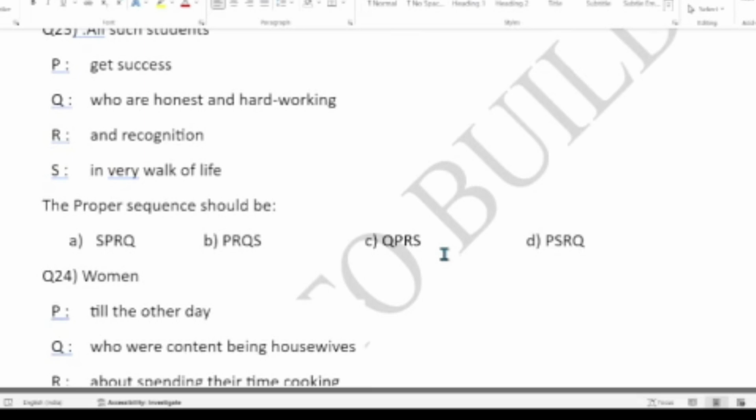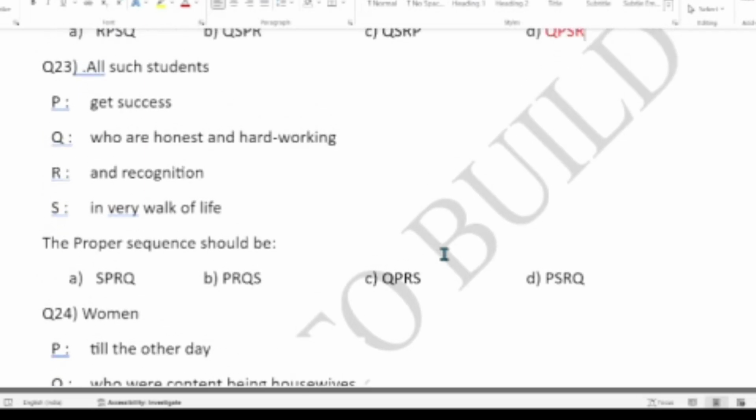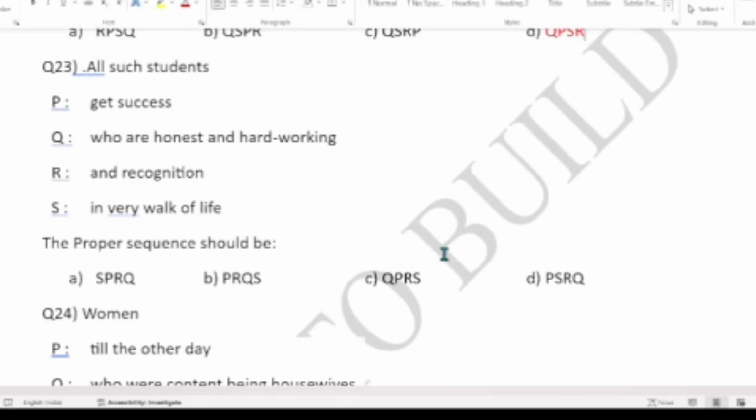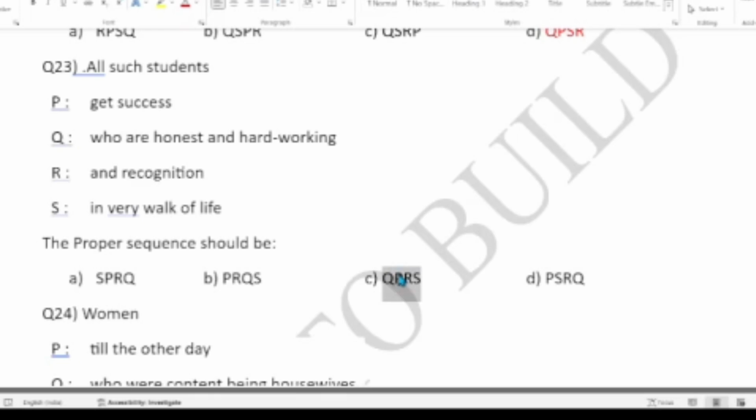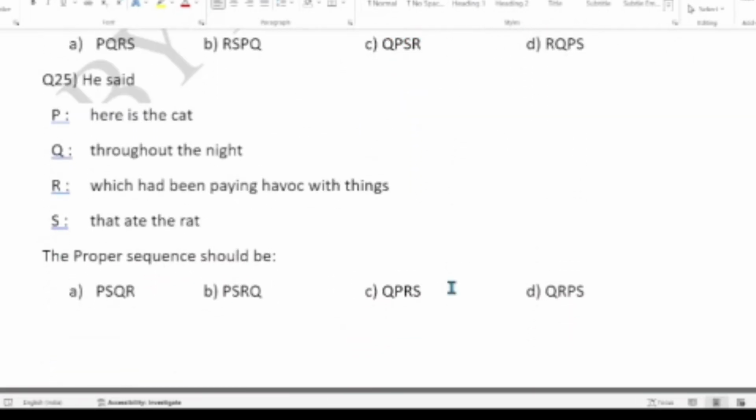Now we're talking about the next sentence. All such students who are honest and hardworking get success and recognition in every walk of life. So this is the correct answer of this question. Now we're talking about the other sentence.